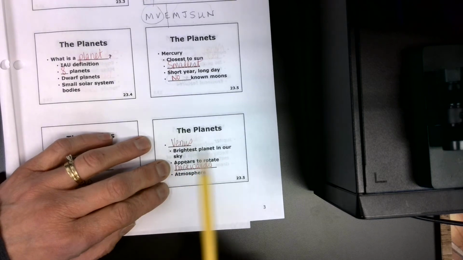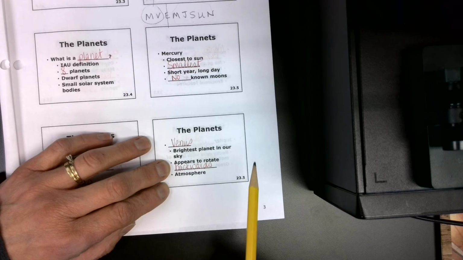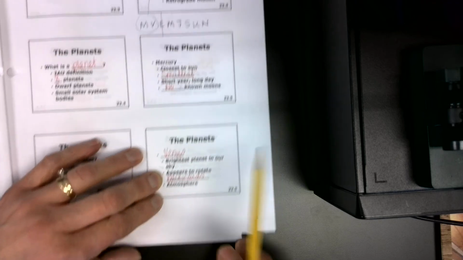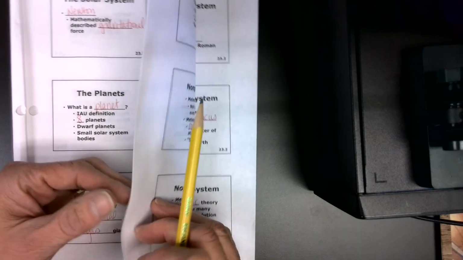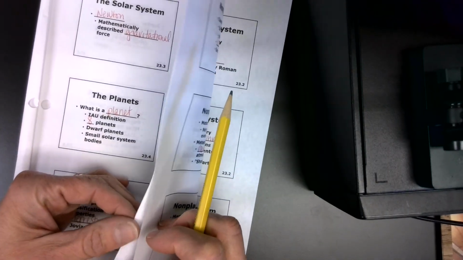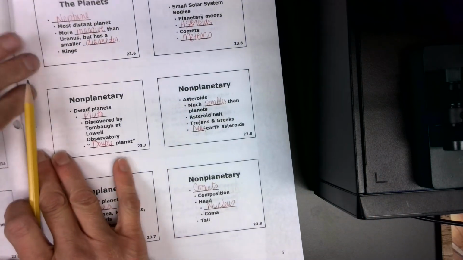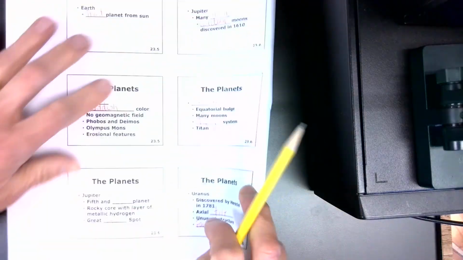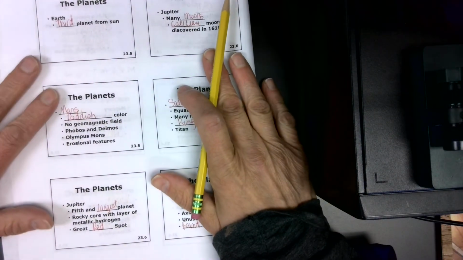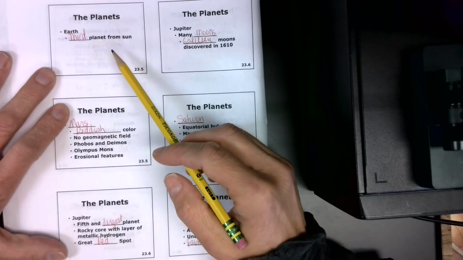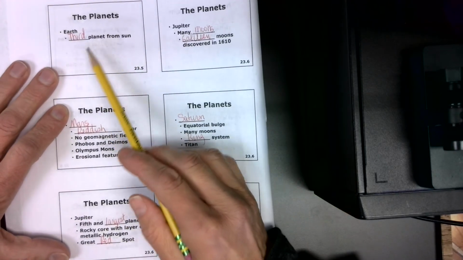Out of all of our motion of planets, this one appears to rotate backwards in the opposite direction. It does have an atmosphere, from what we can tell. Nobody has landed there, but we have sent and studied it through the satellite footage and various telescopes and probes and that kind of thing.